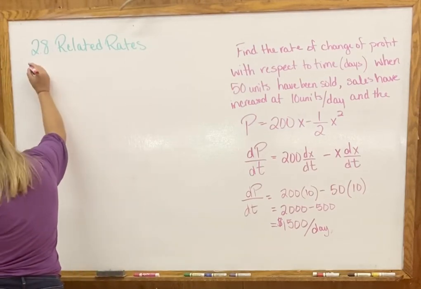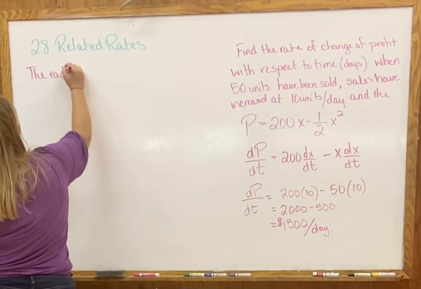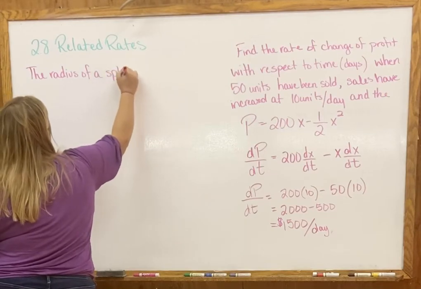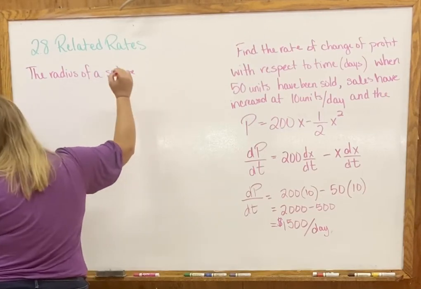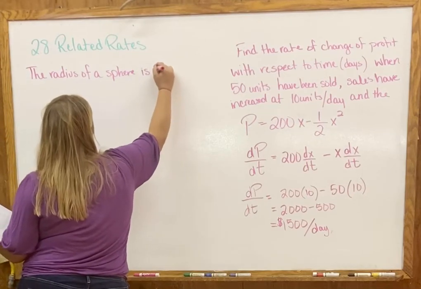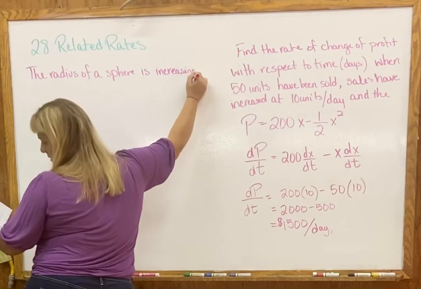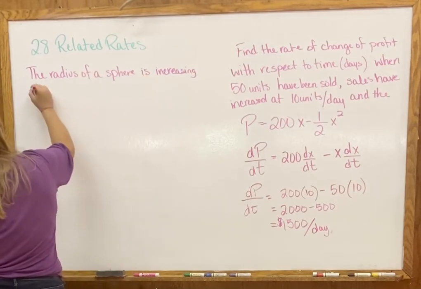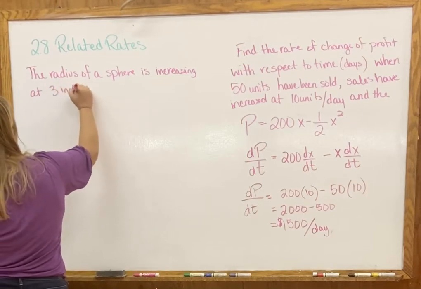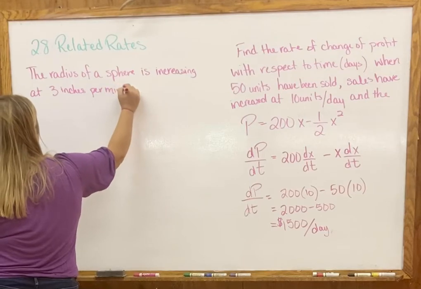All right, so this next one says the radius of a sphere is increasing at 3 inches per minute.